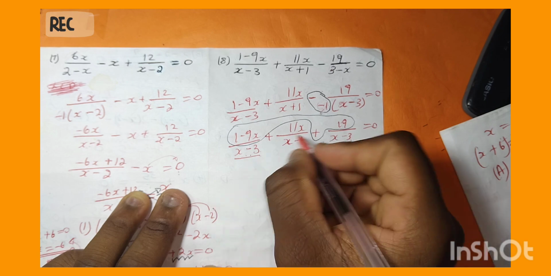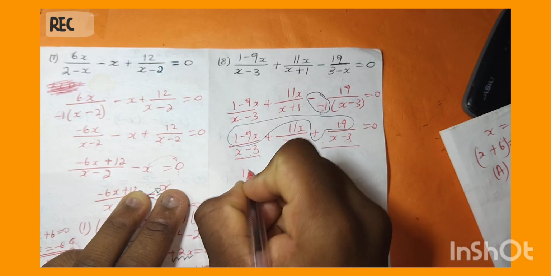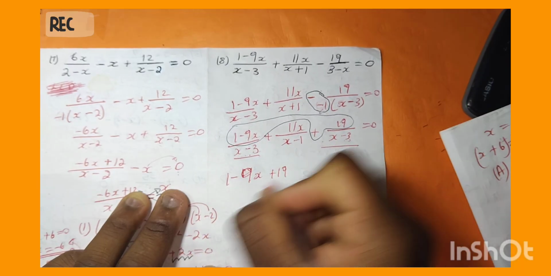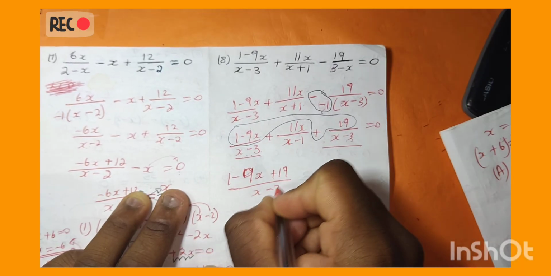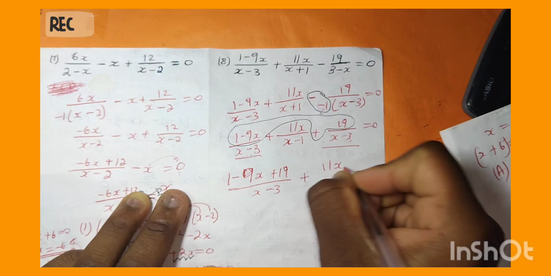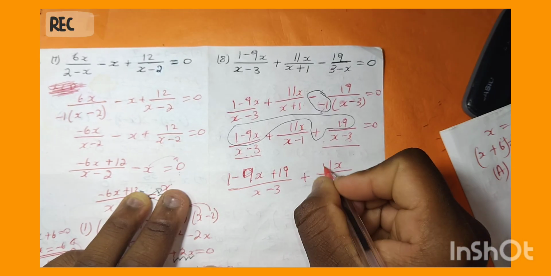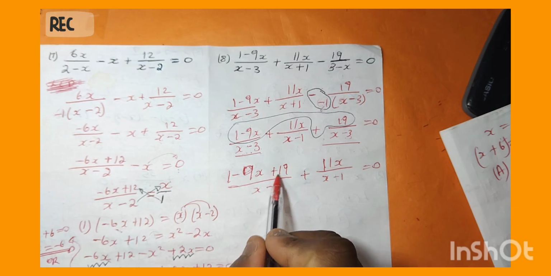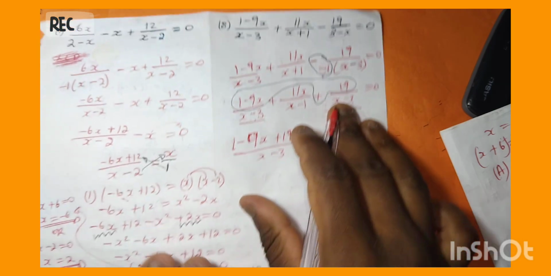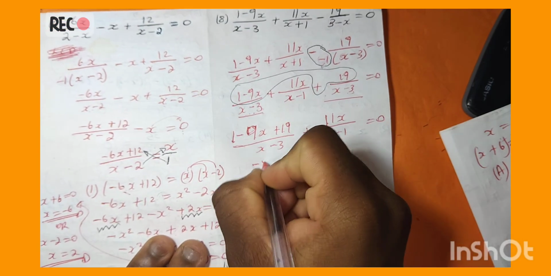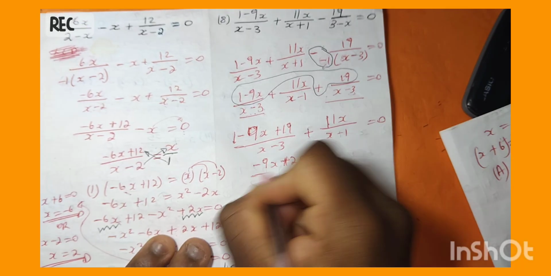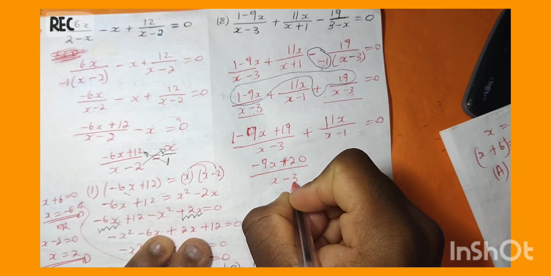Meaning this is what I can do, here it will be 9x, and plus 9 divided by x, 13, plus 11 divided by x, 1, 0 there. Do you see? Here I got a number to a number. It will give me positive 20 divided by x, 3.